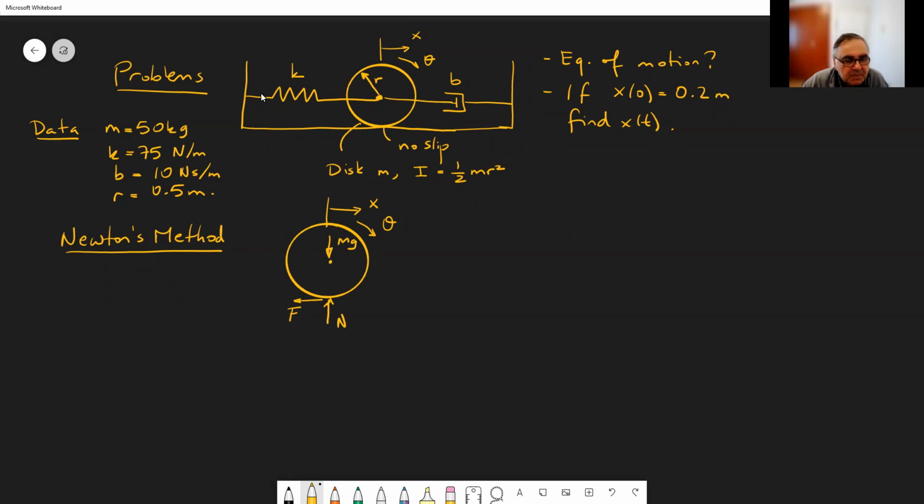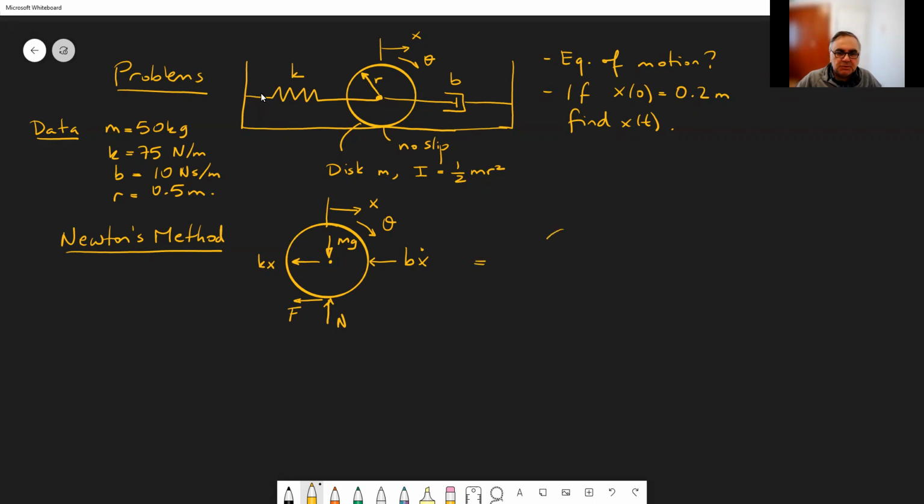So there is the spring force, kx. When x goes towards the right, kx is towards the left. And when x dot is towards the right, the damper force c x dot is also towards the left. It's opposite to x. These are all the forces on this thing.